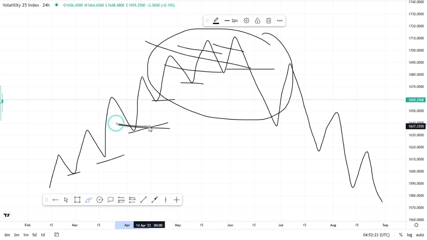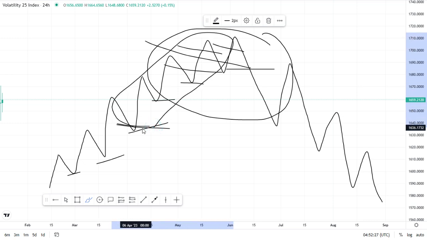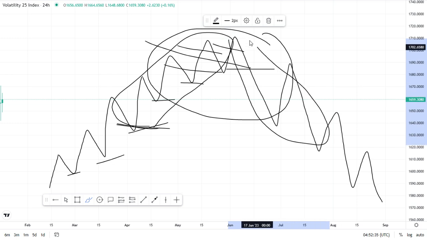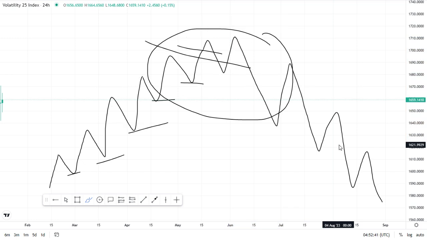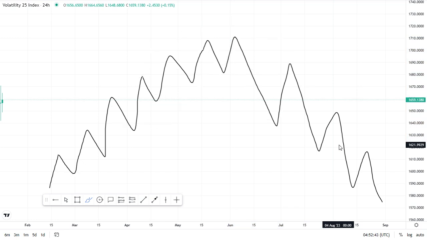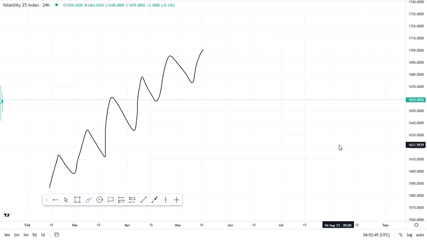Maybe you entered a buy here and made all this money, and because you don't understand reversal patterns, you were not able to close your trade, and the price pushed down again to this point, and by then you lost all the profit you made. That's not the kind of trader you want to be. You see yourself in profit, and at the end of the day you lose all the money.